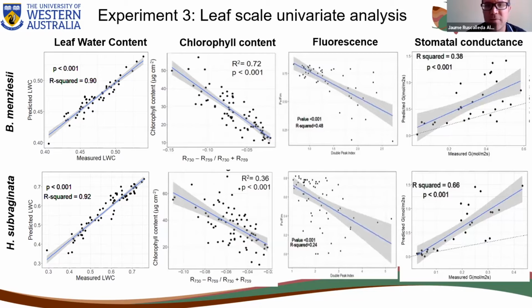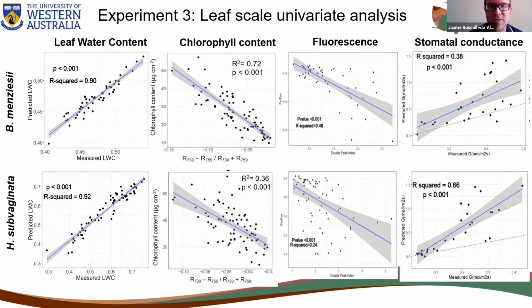As you can see, some of these methods work well for both species, and some are a bit more variable. And I want to reiterate that this is data at the leaf scale only. I will be telling you a bit more about what happened at the plant scale later.